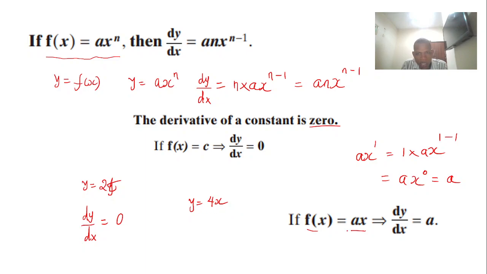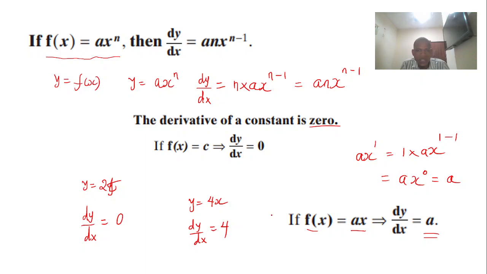Y equal to 4x and y equal to ax. Okay, my a is 4, right? So which means now when you compare, your dy over dx is going to be 4, because if I differentiate, the answer is the a. Okay, so when we now have y equal to 4x, differentiate, the answer is the a, which is the 4.